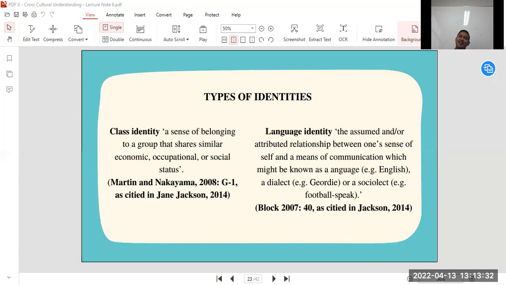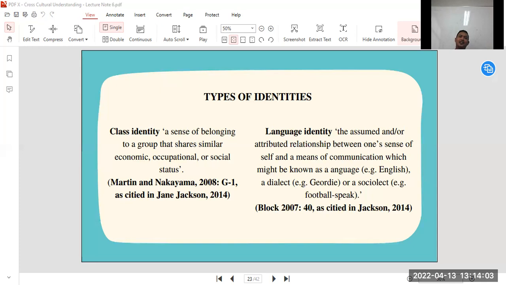Knowing the language of one's group and ancestors can provide a sense of grouping and belonging for many people. It can be a powerful marker of identity, especially when individuals find themselves in situations where the majority use a different language and dialect. Yeah, that is the language identity.